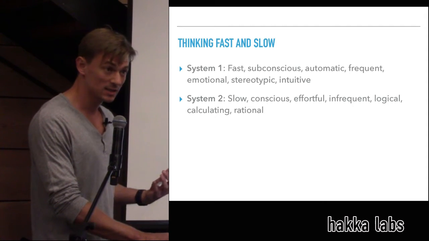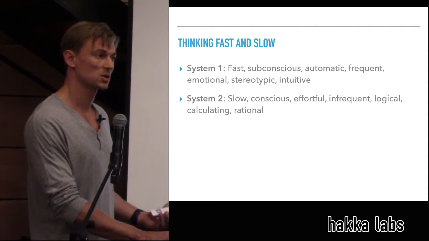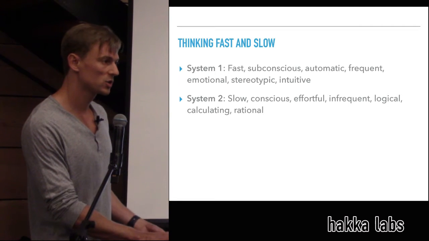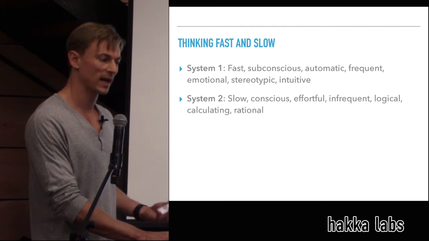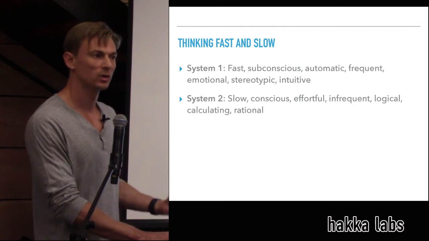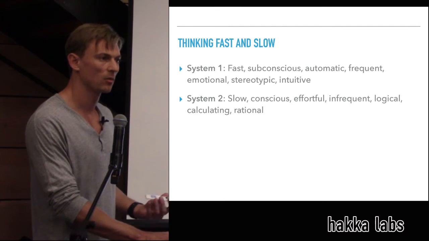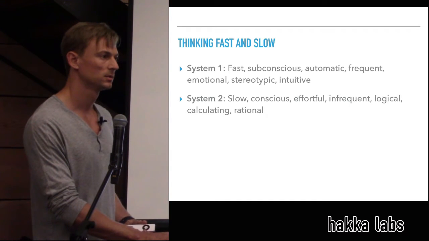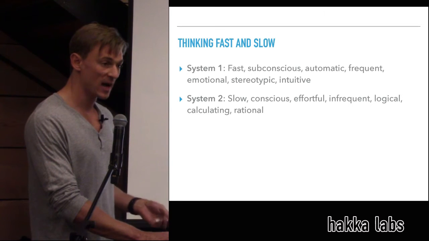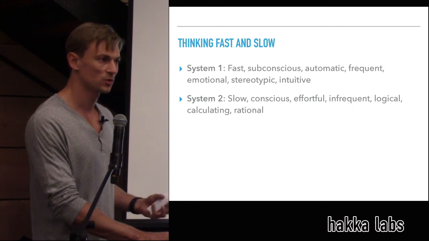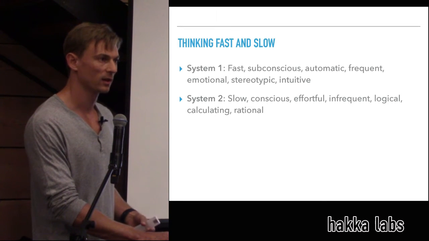And System 2, in contrast, is slow, it's conscious, it's effortful, it happens only when we ask it to. It's logical, calculating, and what we traditionally call rational. Okay? So the biases stem from the conflict in these two fundamental ways of thinking.